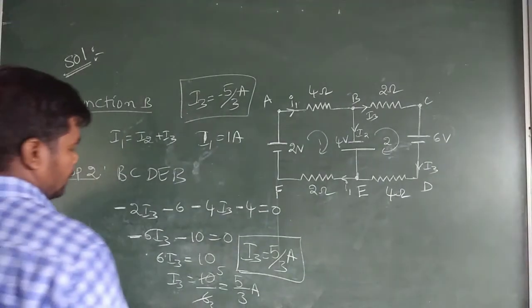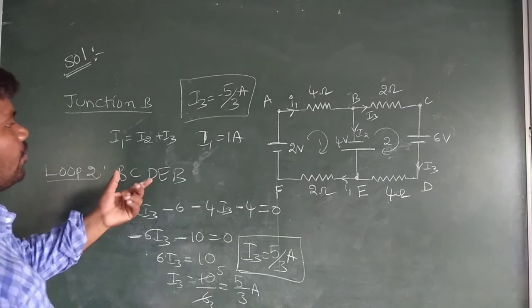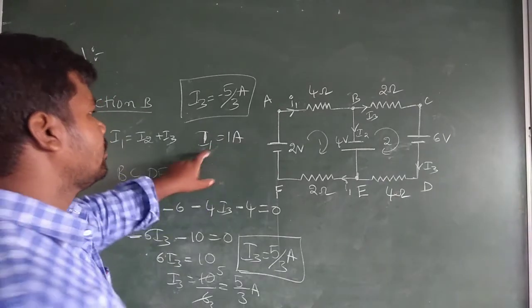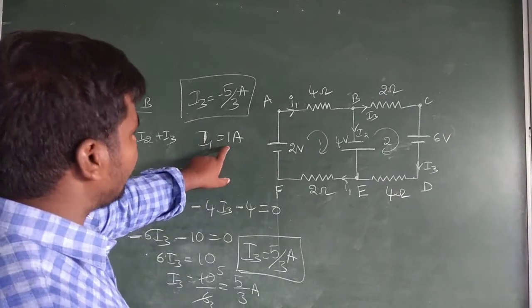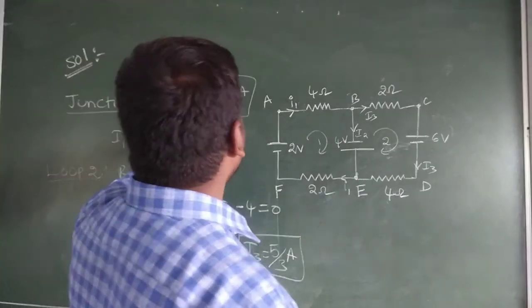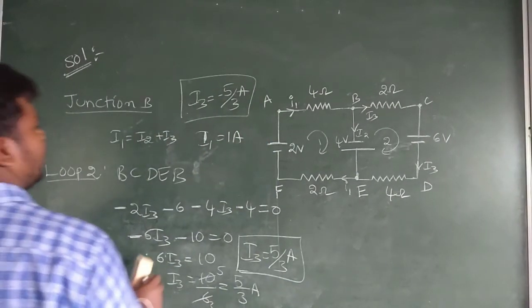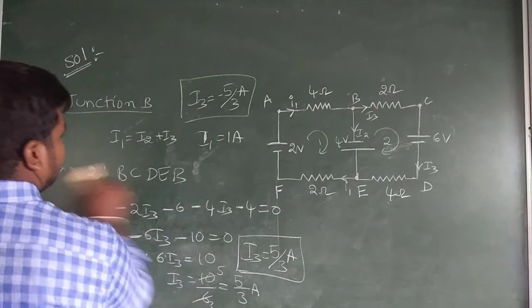So how can we find I2? From loop 1 we got I1 is equal to 1 ampere. From loop 2 we got I3 is equal to minus 5 by 3 amperes.